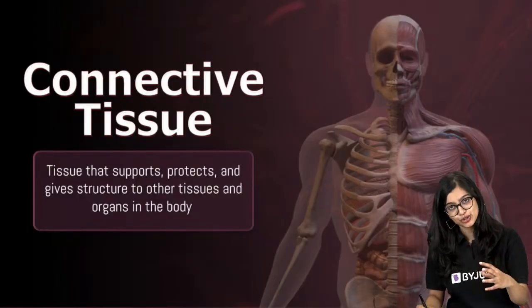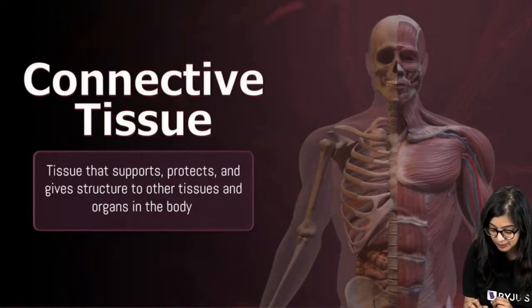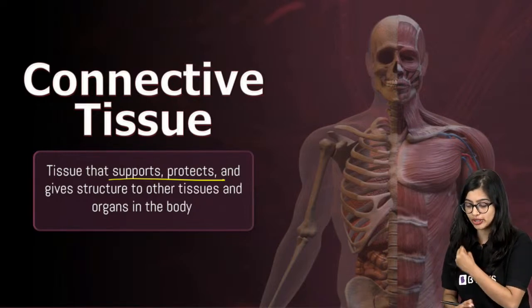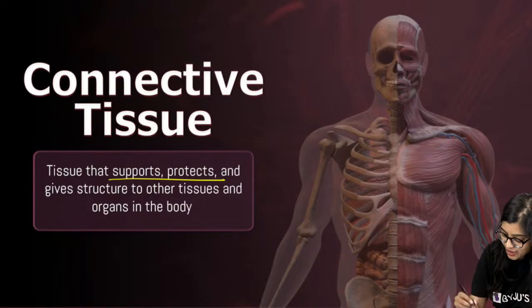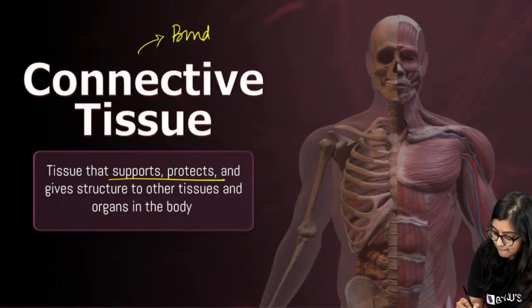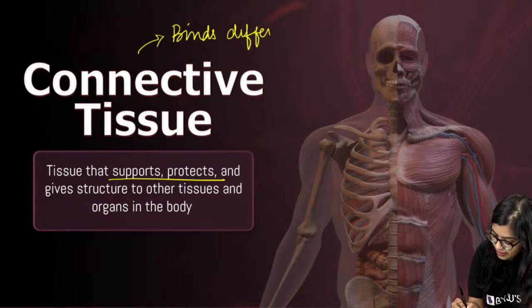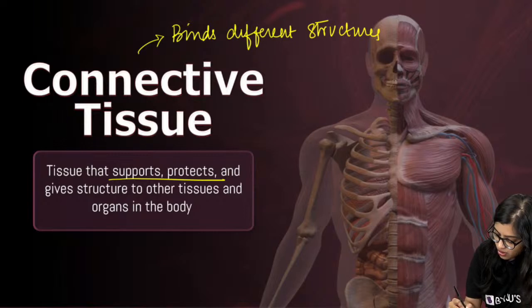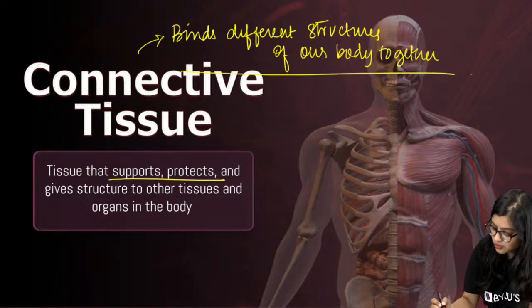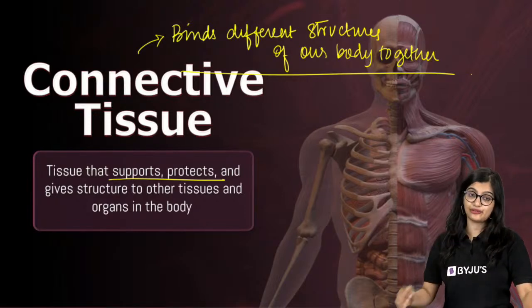So a connective tissue is something that connects, that supports, that provides, or that will bind different parts of the body together, right? I normally define connective tissue as a type of tissue that binds different structures of our body together, right? So this is what we understand as connective tissue.